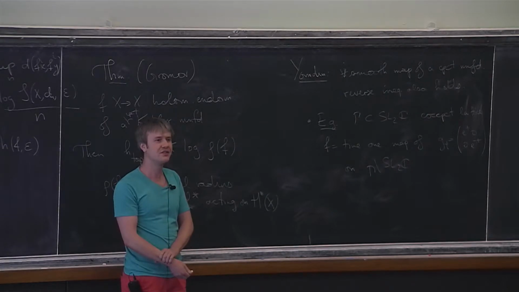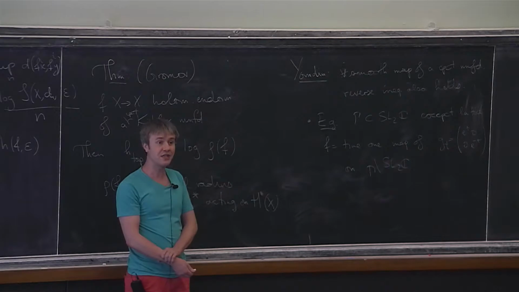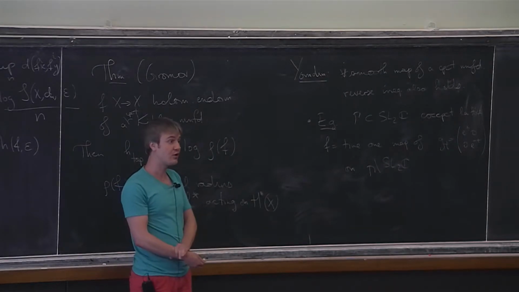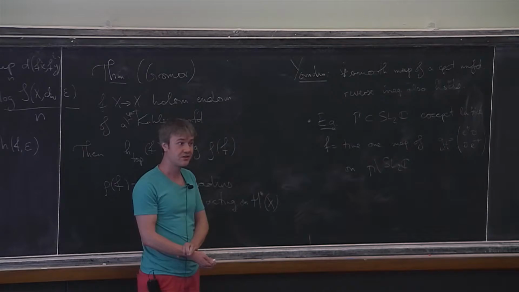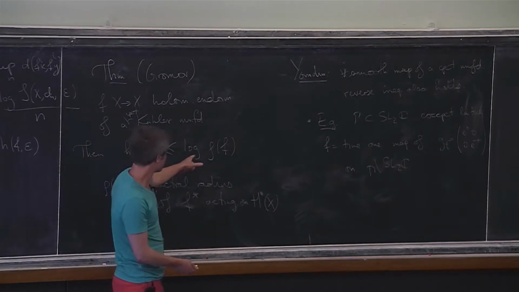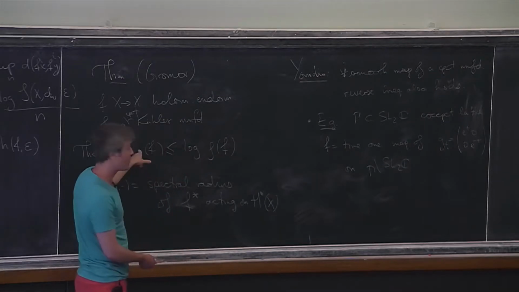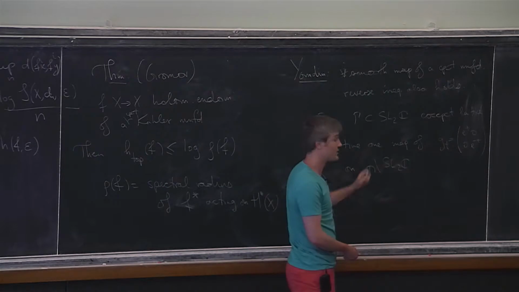Well, the map is homotopic to the identity, right? Because it's the time 1 map of a flow, so it is acting trivially on cohomology. So it means that rho of f is 1, so log is 0, and the entropy is positive. So the conclusion is that this is not a Kähler manifold, right?